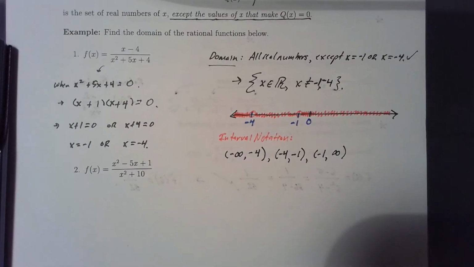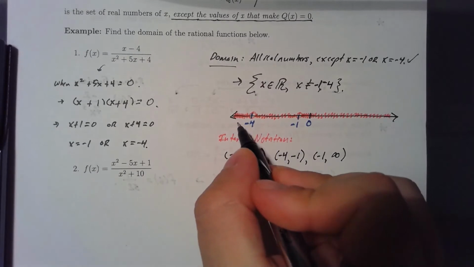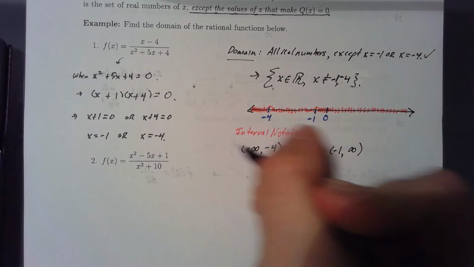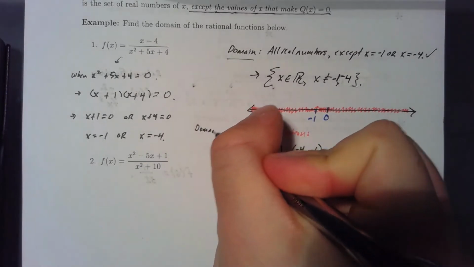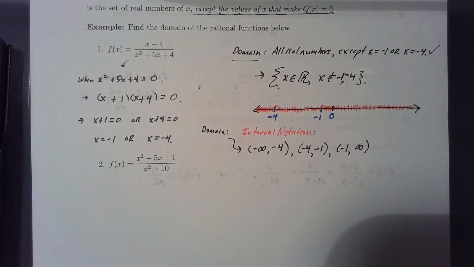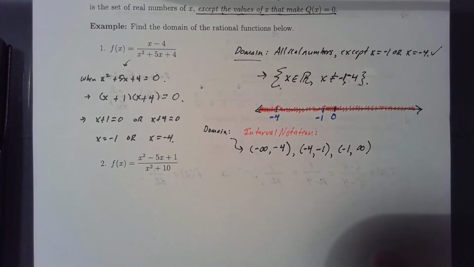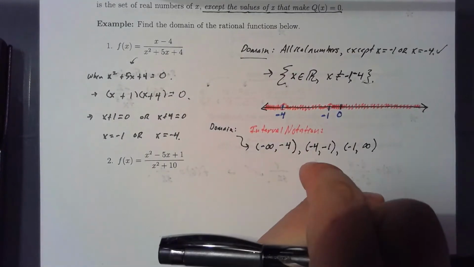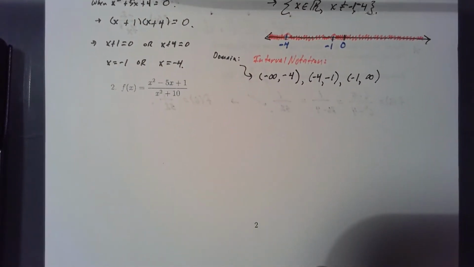Those are the intervals that represent each one of these shaded regions on the number line, and that is a domain in interval notation. So yeah, these are just various ways you could describe the domain of this function, in words and in symbols, in interval notation. Let's look at the next one.